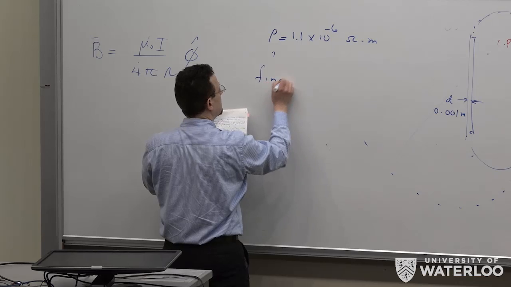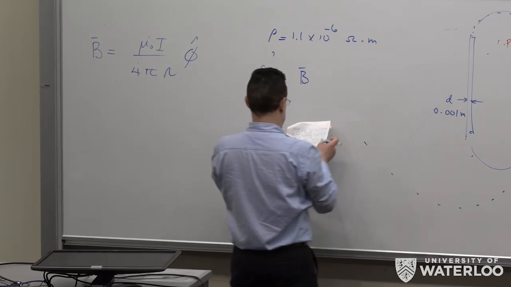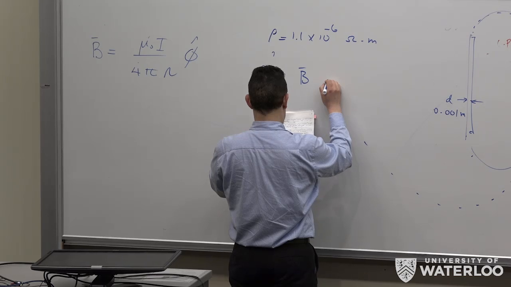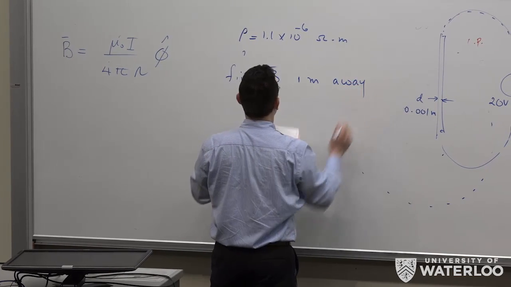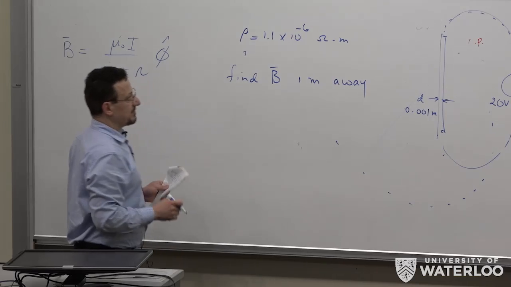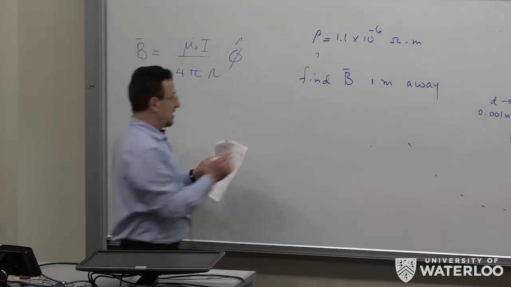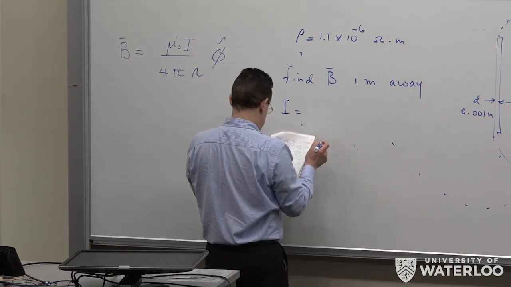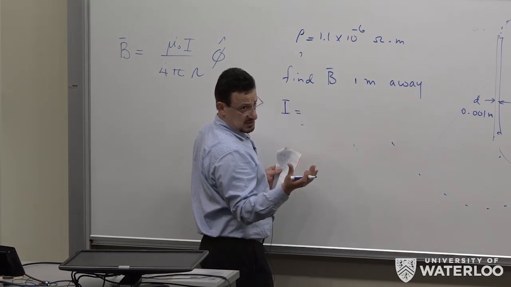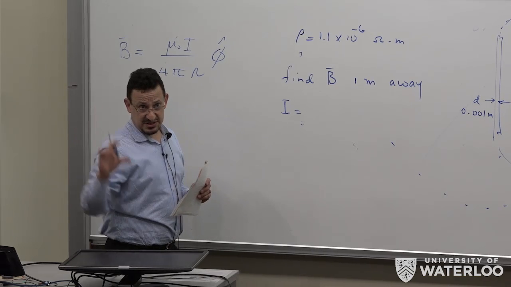Find B at 1 meter away. Find B 1 meter away. Okay? So the first thing is to find the current. So I need to find I in this wire. I is, using Ohm's law, the voltage divided by the resistance.